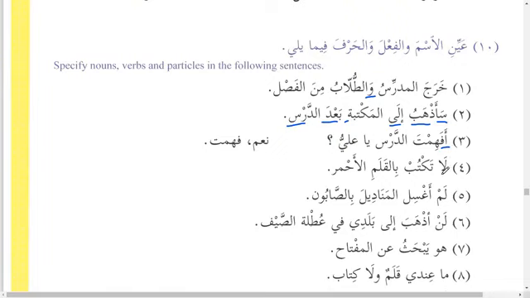And then we have la, harf nafi, lam, harfi nafi. And naam, حرف جواب. Afahimta, yes. So a is harf istifham. What about fahimta, فهمت? Is it ism, fi'l or harf? Verb, fi'l. Ad-dars, noun, ism.